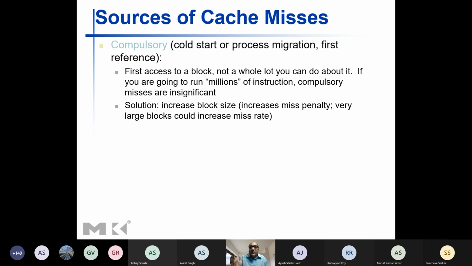Suppose your cache size can accommodate only 4 such blocks. In that case, you have only 4 different possible blocks you can accommodate, right? And if the desired word, the desired instruction, is not present, then again you have to fetch a new block. Since the cache contains only these 4 blocks, it also indirectly increases the miss rate.